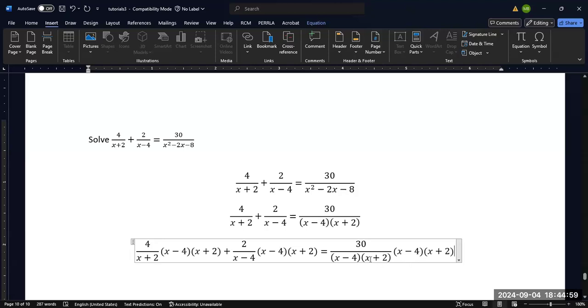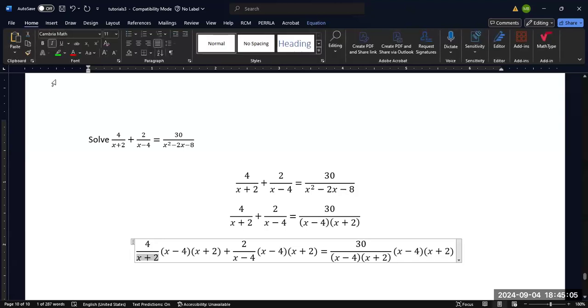So in this case, when we multiply on this side of the equation, some things are going to cancel, at least partially. So this denominator is going to cancel with this factor. And this denominator is going to cancel with this factor.